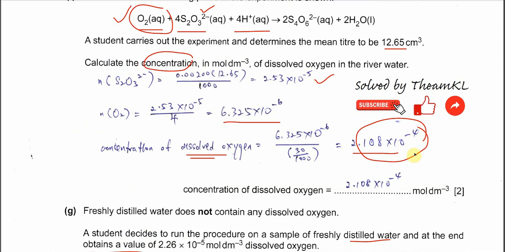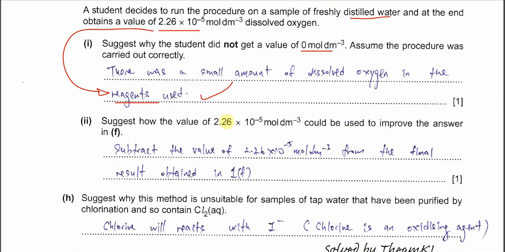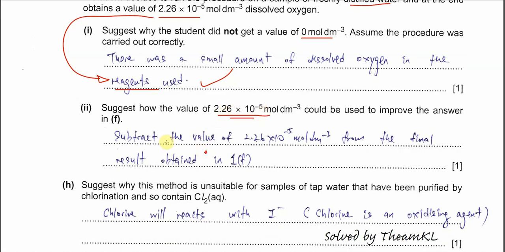So it's a total amount. So now we use this one minus the concentration here, because this concentration is from the reagents. So we just subtract this value from the final result in part F. So eventually we'll get the actual dissolved oxygen in the river water.